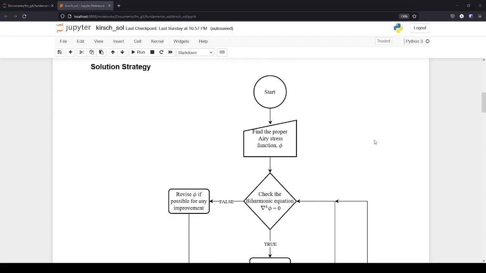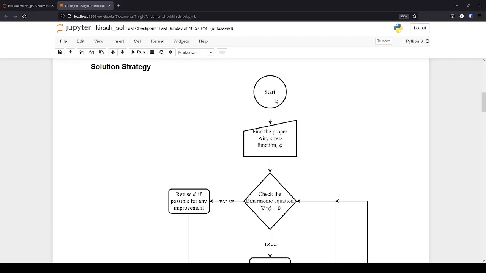As I said, I'm going to use the elasticity approach to solve this problem. And here I'm going to use the two-dimensional solution, which is mostly used in elasticity problems, using the concept of the Airy stress function and the biharmonic equation.